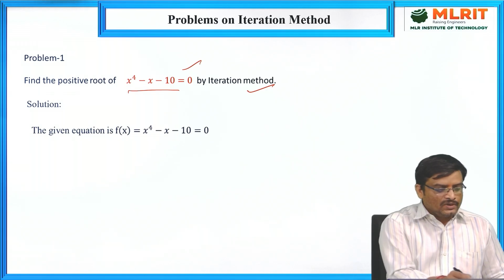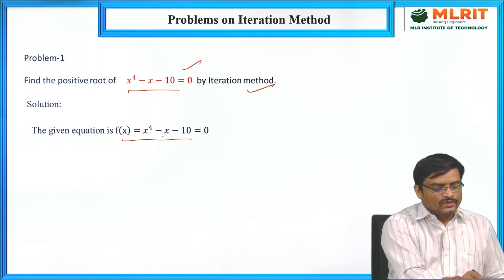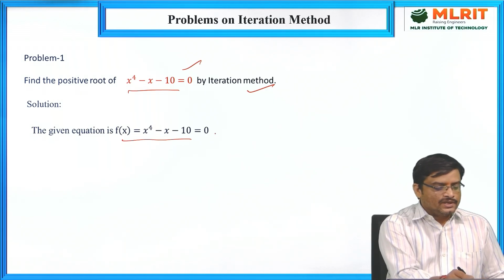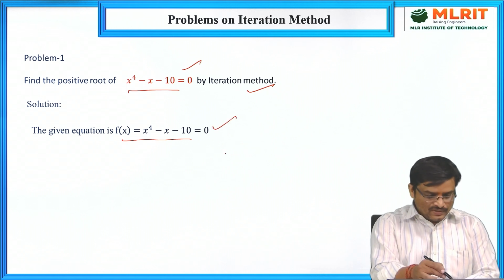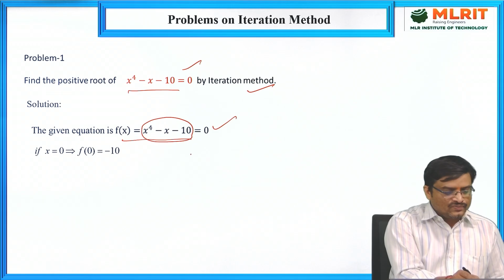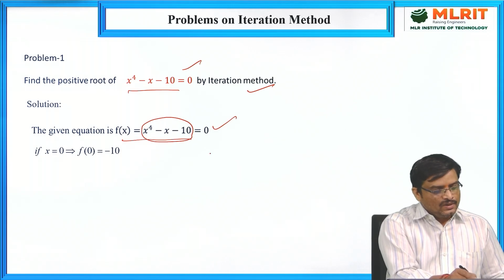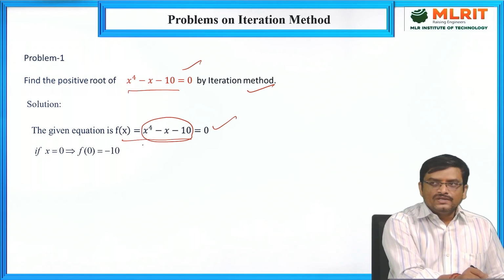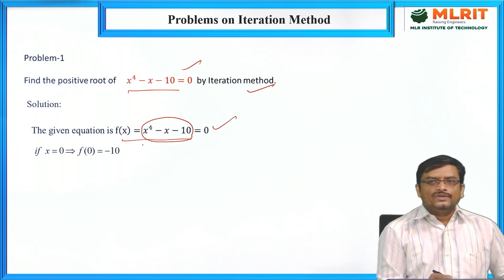So this is our equation: f(x) = x^4 - x - 10 = 0. Now by using this function, I want to find the two real numbers.